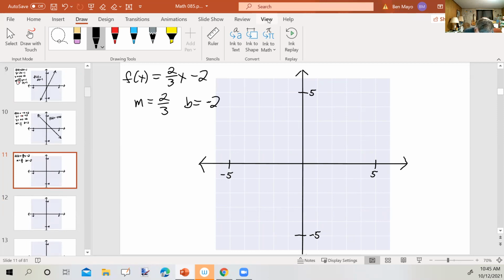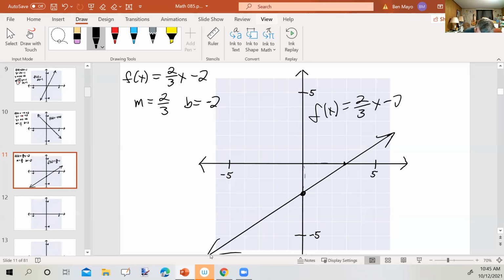So we start at a y-intercept of -2. We go up 2 and over 3, up 2 and over 3. And here's the graph of f of x equals 2/3 x minus 2.